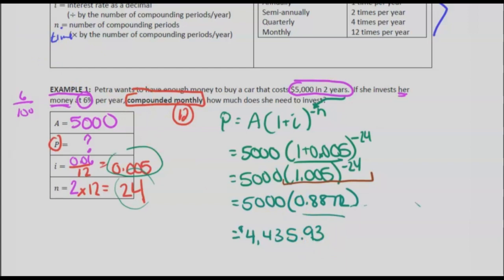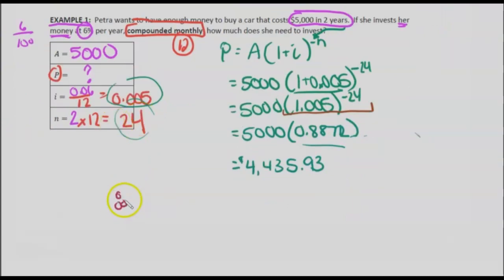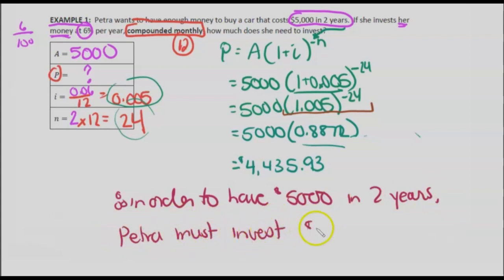Okay, and what this actually means is that, in order to have $5,000 in 2 years, Petra must invest right now $4,435.93. Let's go like today, right? As in now, like the future, or sorry, the present value.